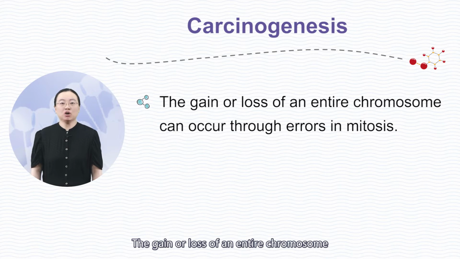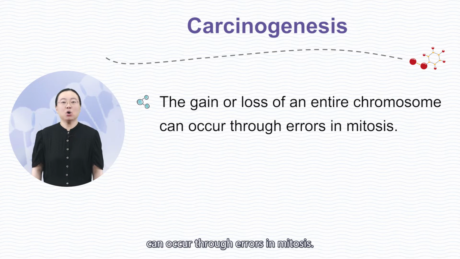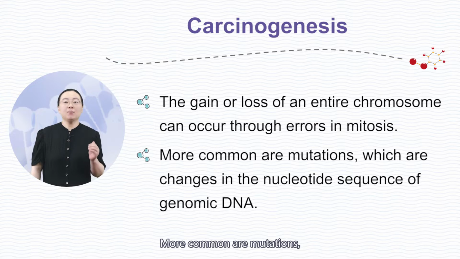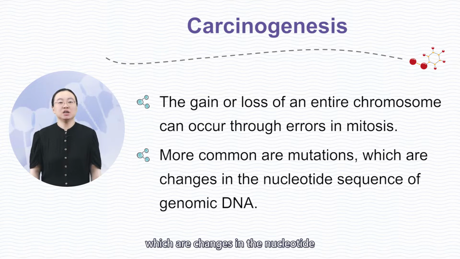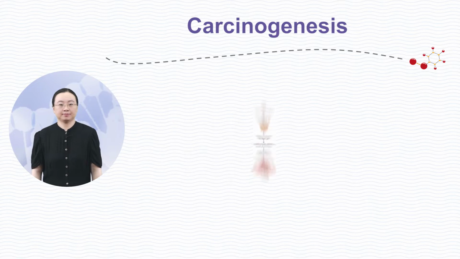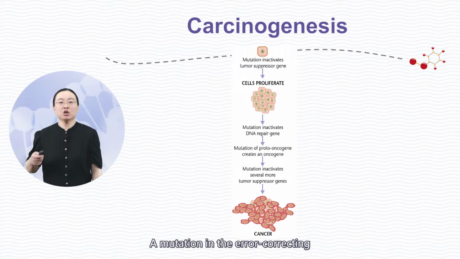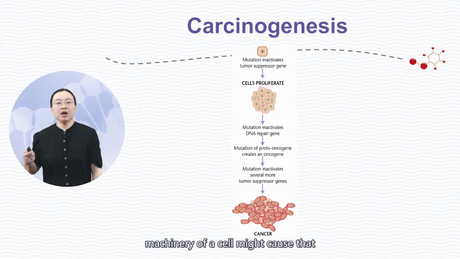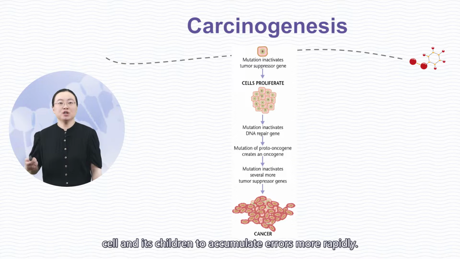The gain or loss of an entire chromosome can occur through errors in mitosis. More common are mutations, which are changes in the nucleotide sequence of genomic DNA. A mutation in the error-correcting machinery of a cell might cause that cell and its children to accumulate errors more rapidly.